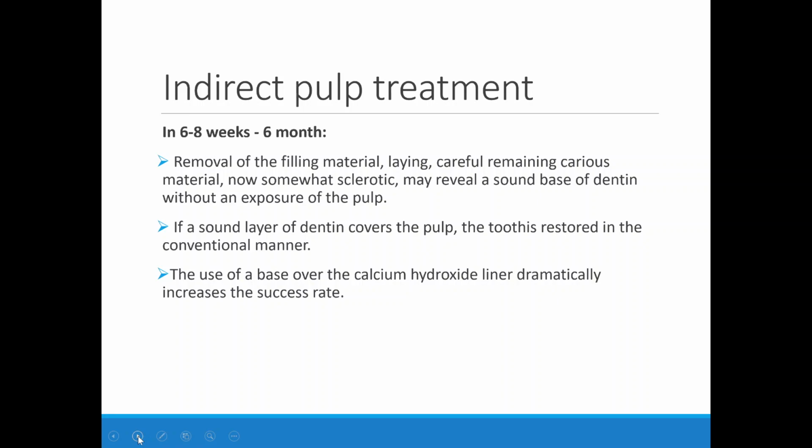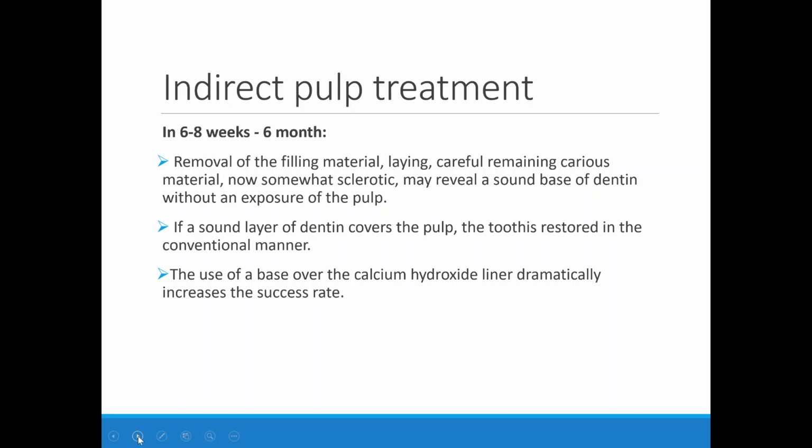So in 2-6 months, we should invite this patient for the next appointment. We should remove the filling material that we used before, like hard-setting calcium hydroxide, for example, and carefully remove the remaining carious material, now somewhat sclerotic, which may reveal a sound base of dentin without an exposure of the pulp.